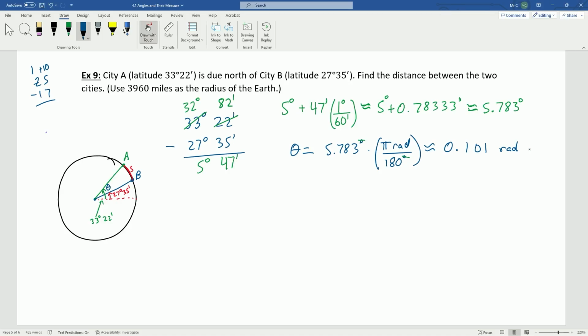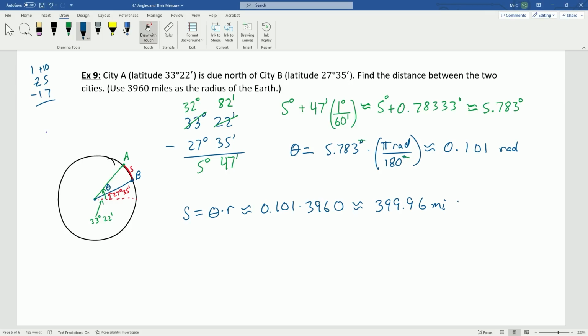Okay, so now that I have my radian measure, I can use my identity that arc length is just theta times the radius. So this is approximately 0.101 times the radius, which is 3,960 miles, which is approximately 399.96 miles.